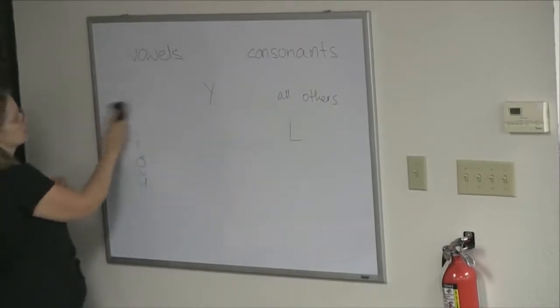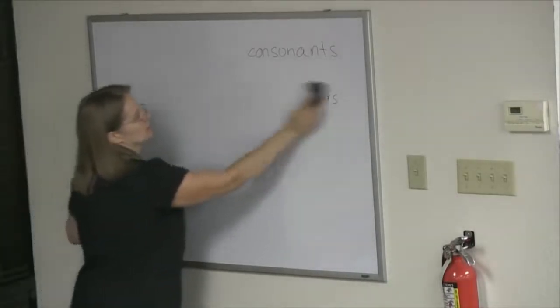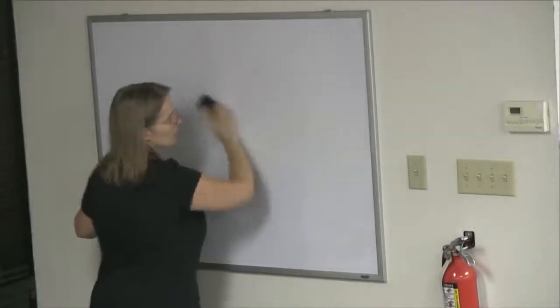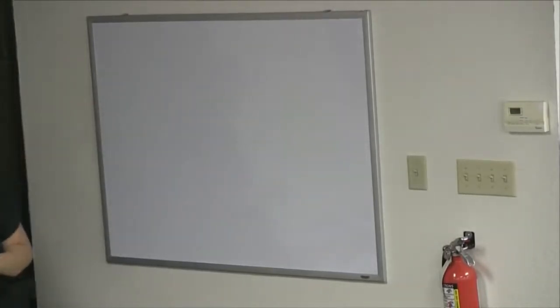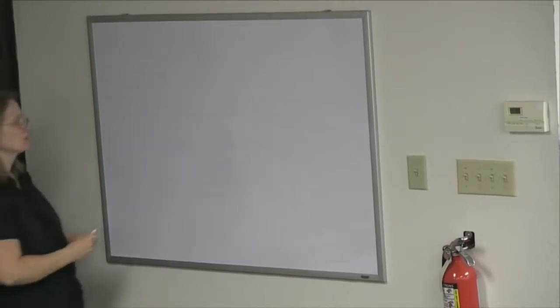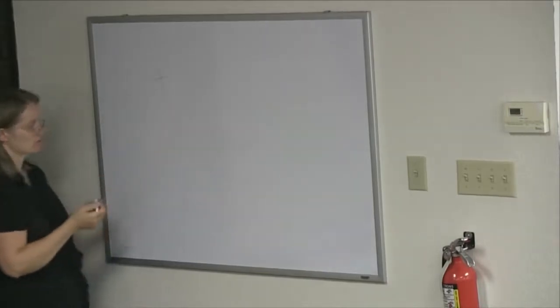The consonants you can introduce one at a time. A lot of kids that have already learned the alphabet will know more than just one consonant sound, but I found the easiest is to introduce one consonant sound at a time. An easy one to start with is T. It's a recognizable one. Kids like it. It looks nice.